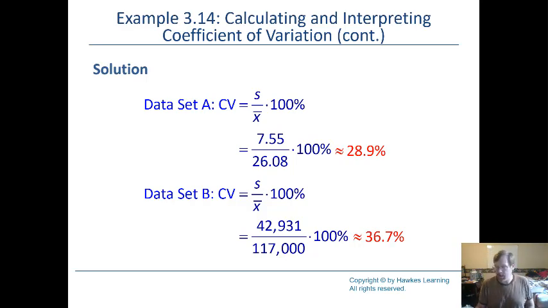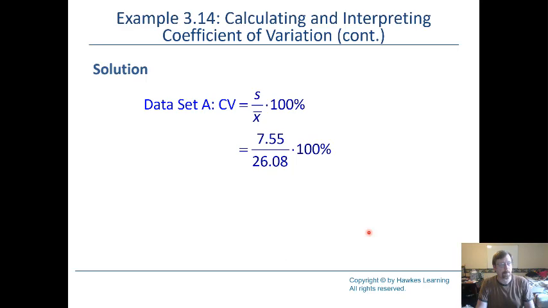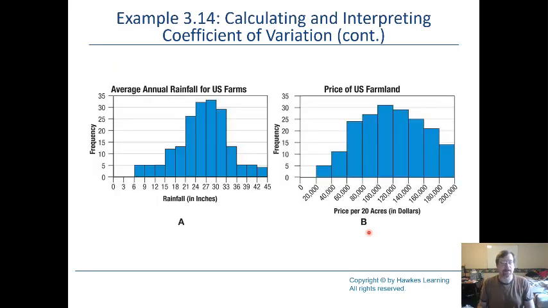So you can see from the calculation that the price per 20 acres of farmland does have a larger standard deviation relative to its mean than the other. Just like we would have predicted, or at least I would have predicted from looking at the graph and how spread the data appears on the figure.